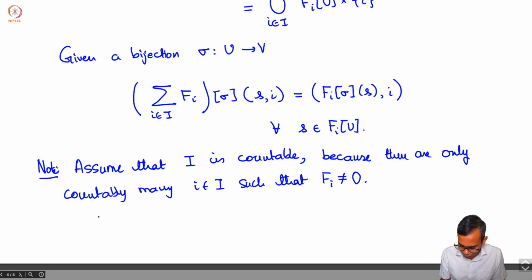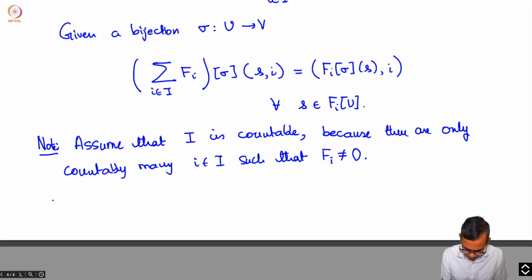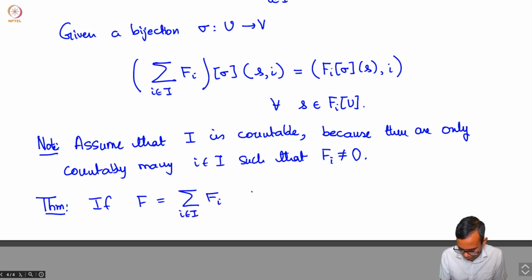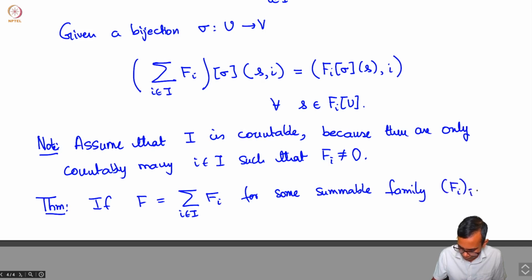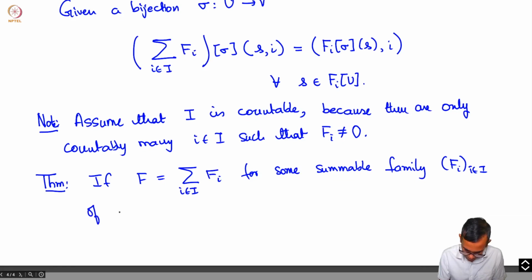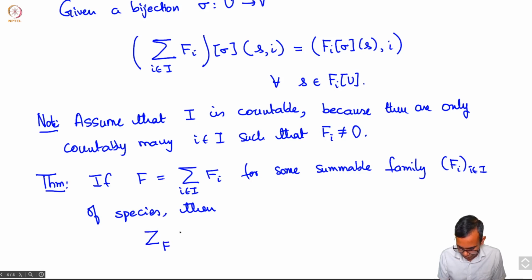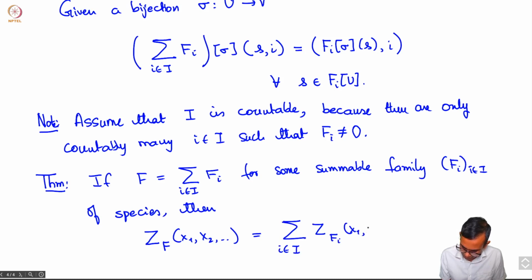And now what we would like to say is that if F is the summation over i in I of F_i for some summable family F_i, i in I, of species, then Z_F of x_1, x_2, and so on is equal to the summation over i in I of Z_{F_i} of x_1, x_2, and so on.